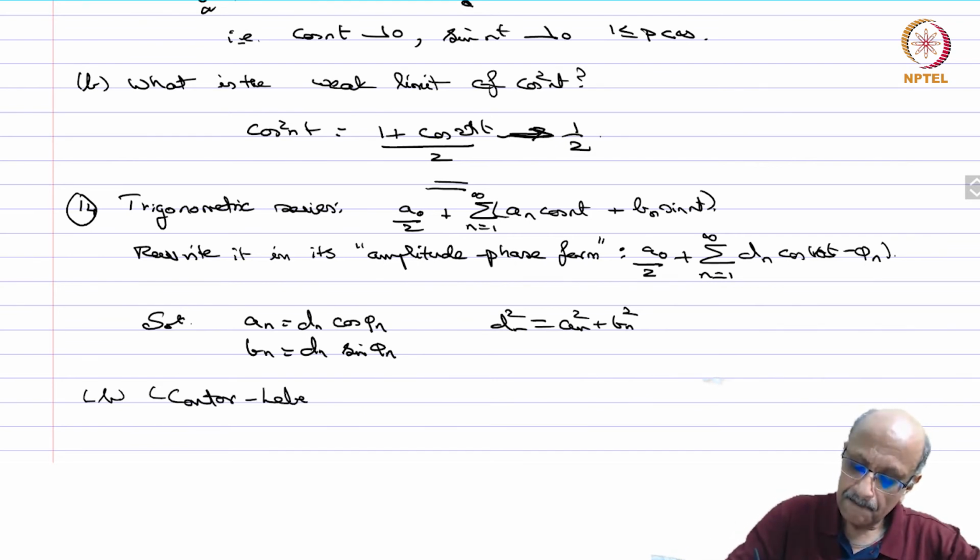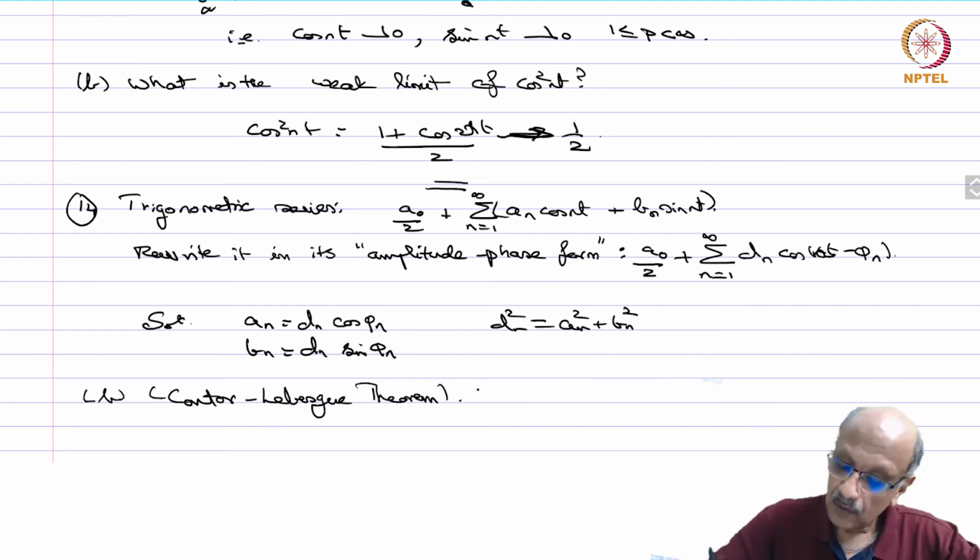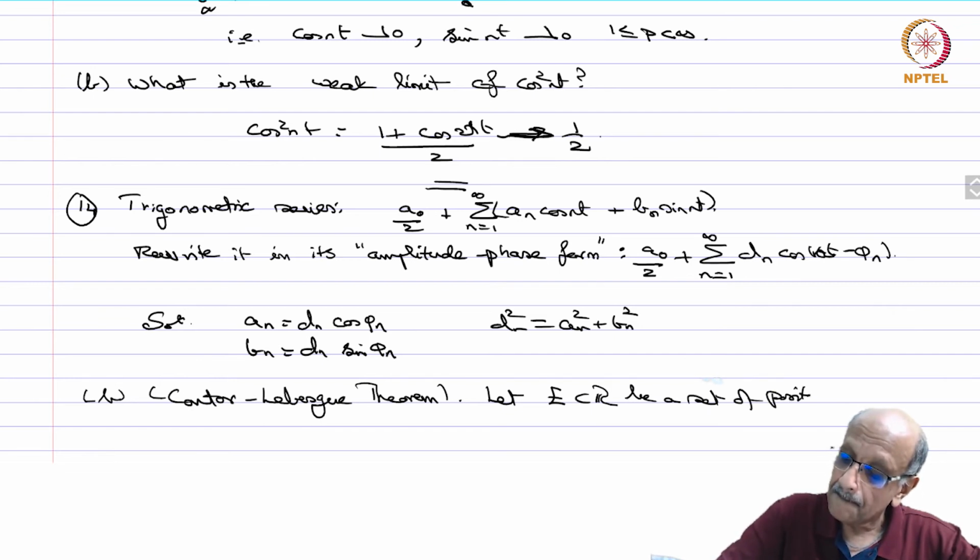Okay, so B. This is called the Cantor-Lebesgue theorem. Let E contained in R be a set of positive Lebesgue measure.